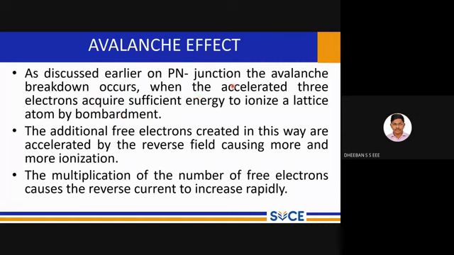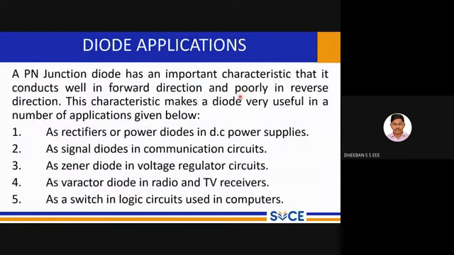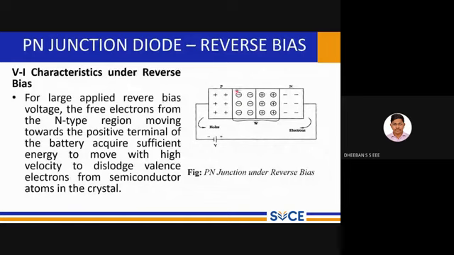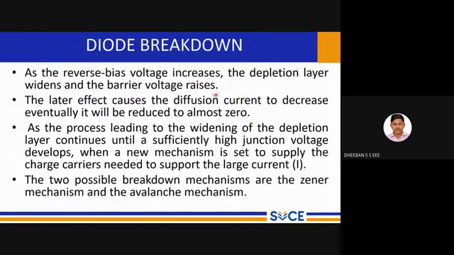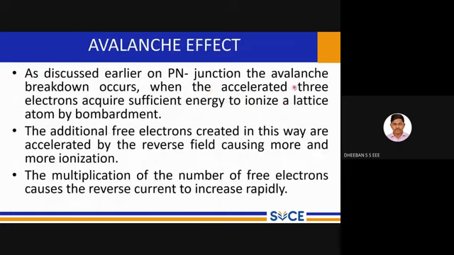So this definition is nothing but: when the accelerated electrons acquire sufficient energy, in the reverse bias, there exist accelerated electrons in the depletion layer. If they acquire sufficient energy, this will ionize the lattice atom. Lattice atom in the sense here, you can just take as the free atom.